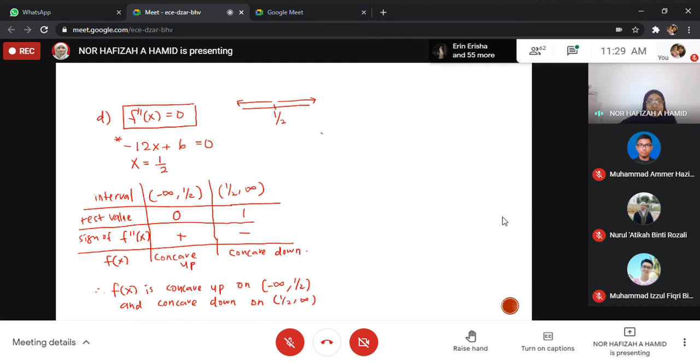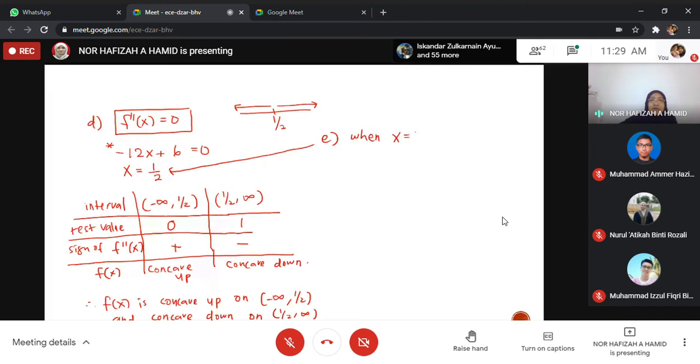Ni untuk concavity 4D, you nak determine intervals yang concave up and concave down. Next for E, you need to find inflection point. Inflection point dia relate with concavity. X for inflection point sebenarnya comes from when f double prime x equal to 0. Terus you boleh calculate inflection point when x equal to 1/2.